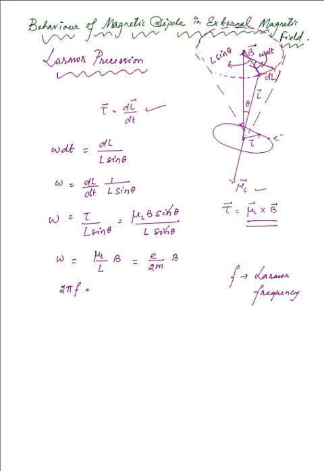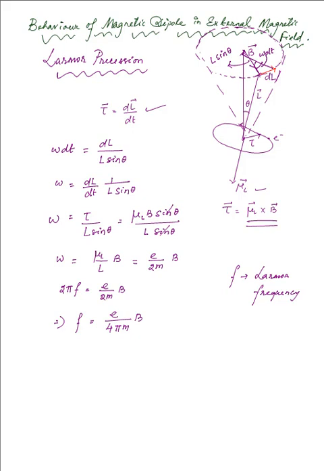So 2 pi f is equal to e over 2m times B, and finally we have f equal to e over 4 pi m times B. And that factor e over 4 pi m can also be written as mu B, that is the Bohr magneton, over the Planck's constant, that is mu B over h, because eh over 4 pi m would have given us the Bohr magneton. But nevertheless, we'll keep it to that.